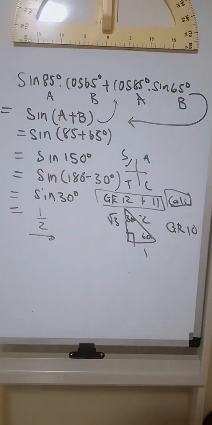Maybe you already know that sine A plus B is equal to sine A cos B plus cos A sine B, but you also need to know how to reduce. Meaning if you have it written in an expanded way, you need to be able to reduce it. It helps a lot when you are able to do such things. Any other questions, guys?